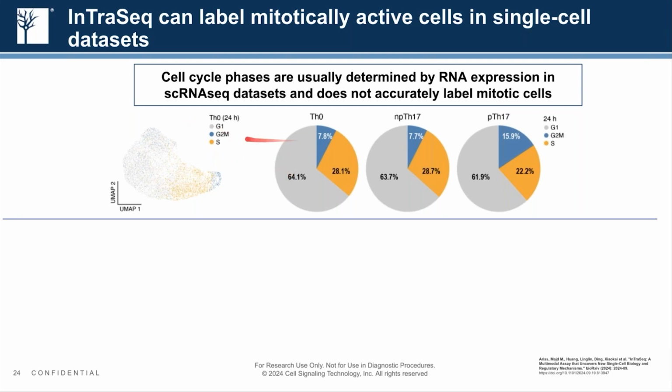But you notice that the G2M are combined together, and the cell cycle is technically 4 different phases. The M phase, which is mitosis, is a distinct phase in the cell cycle, but transcriptionally, it's very difficult to label the mitotically active cells in a single cell RNA sequencing data set.